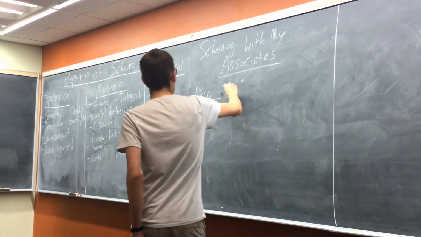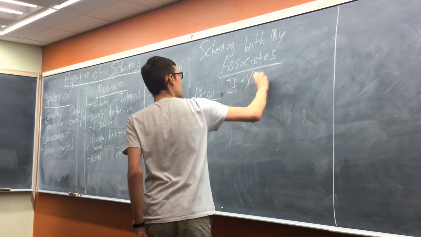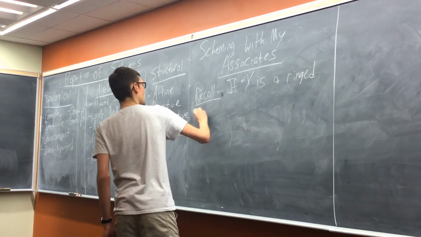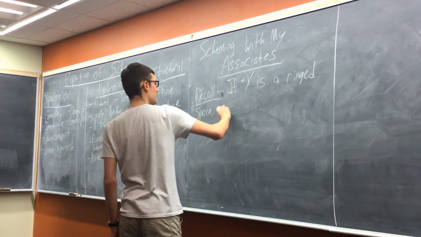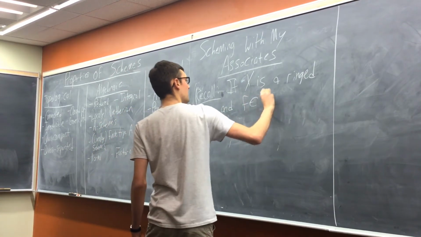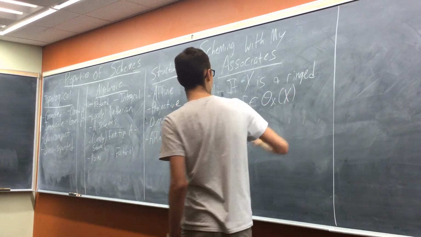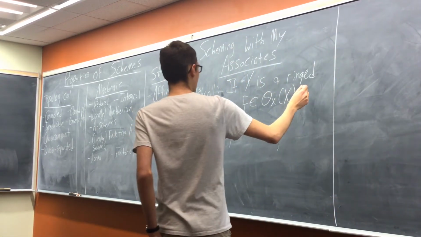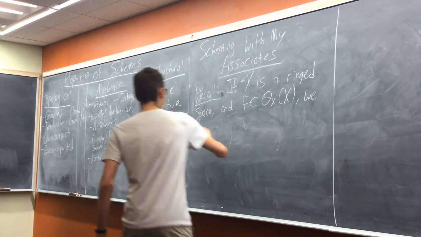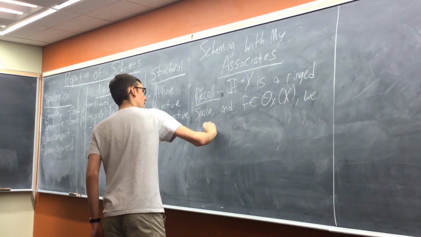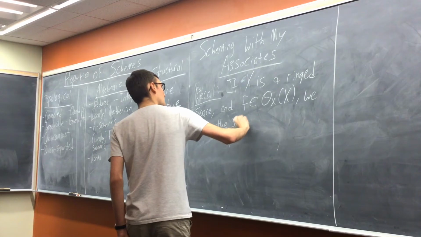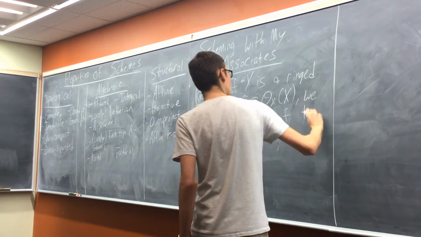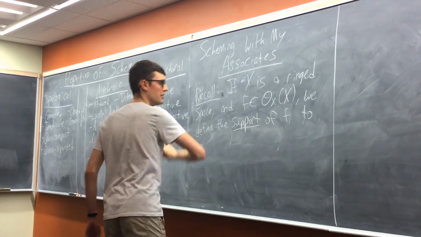If X is a ringed space, and you give me any global section of the sheaf, any function f on X, we define the support of the element to be the following.